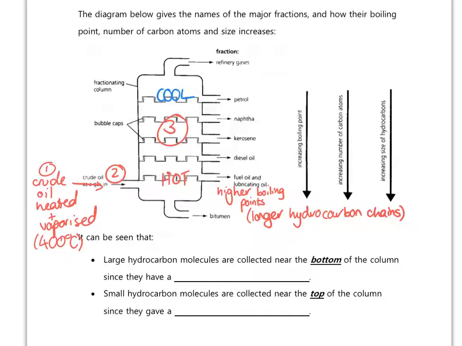So it's your longer hydrocarbon chains with the higher boiling points that are separating out at the bottom, and it's your shorter hydrocarbon chains with the lower boiling points that actually make it all the way to the top as a gas, and then eventually when they reach their boiling point, or in other words the point at which they condense back to a liquid if they are cooling down, then they will separate out off at the top. So this is your lower boiling point at the top, and those are from your shorter hydrocarbon chains.